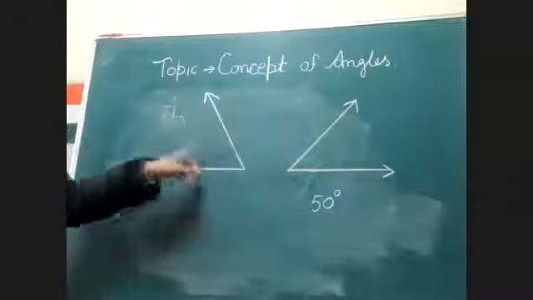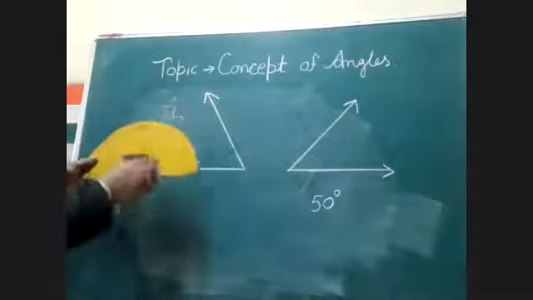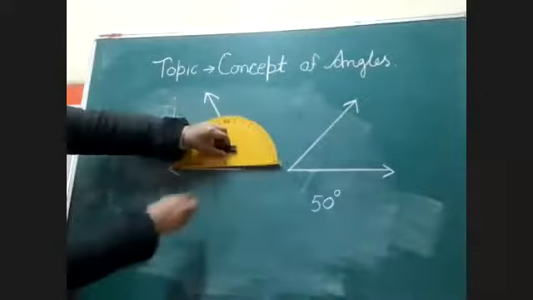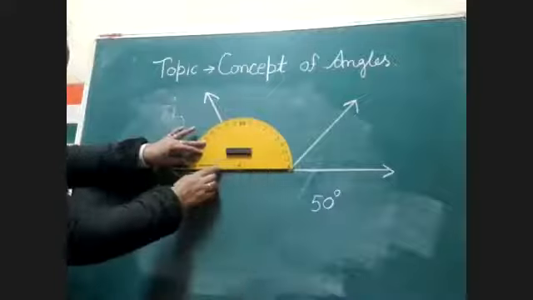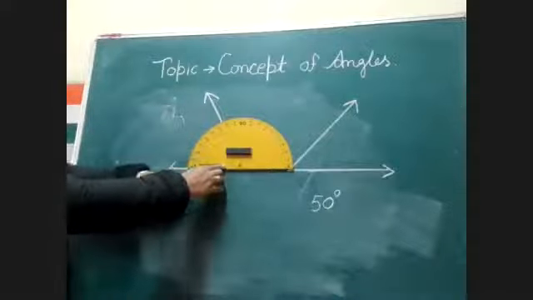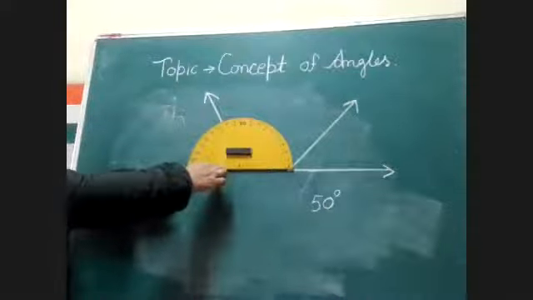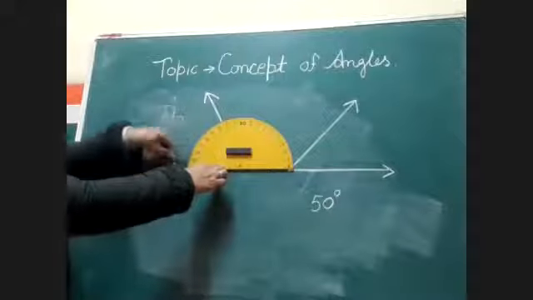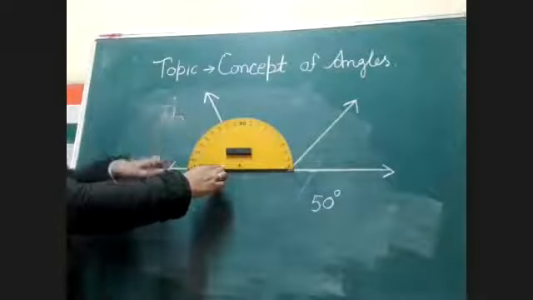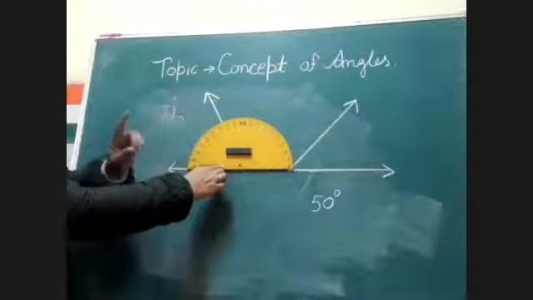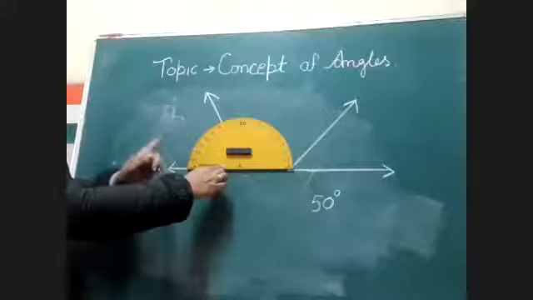How can I measure this angle? Again, put the center at the vertex and match the ray with the base. Now measure this angle. Now again start from 0. Now you can see 0 is on the outer scale.